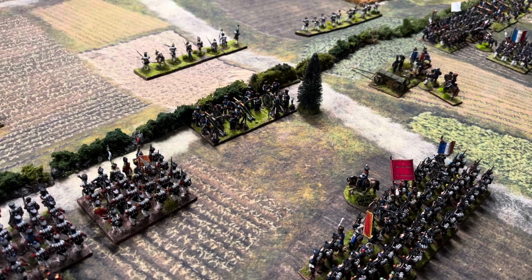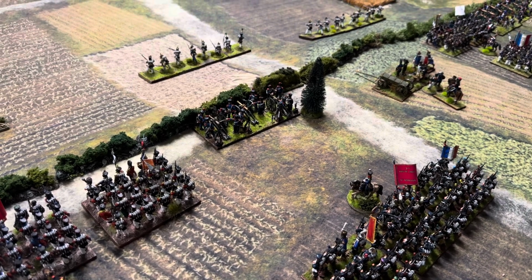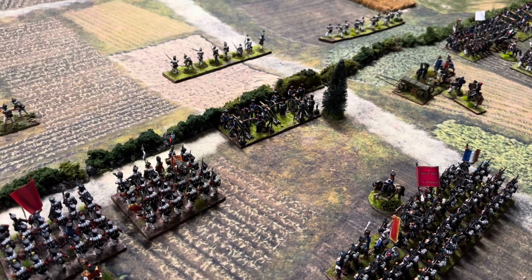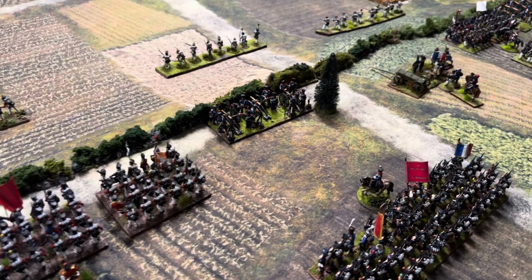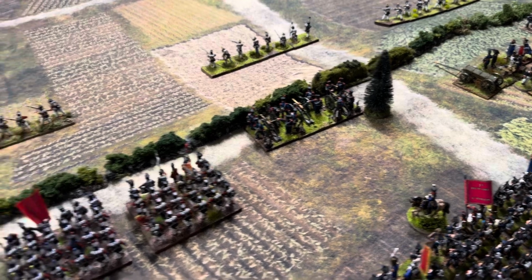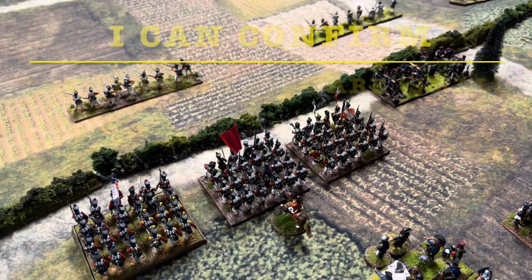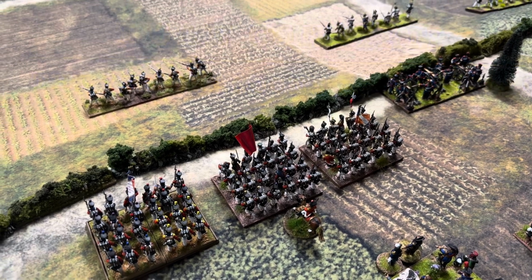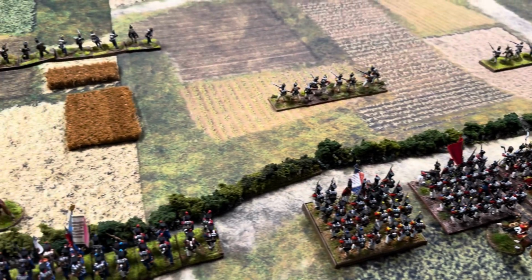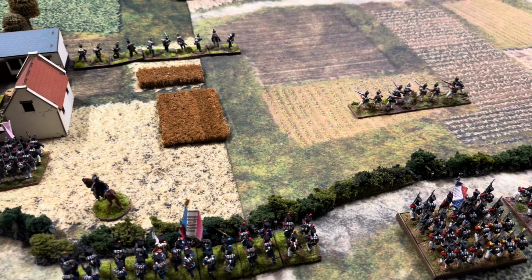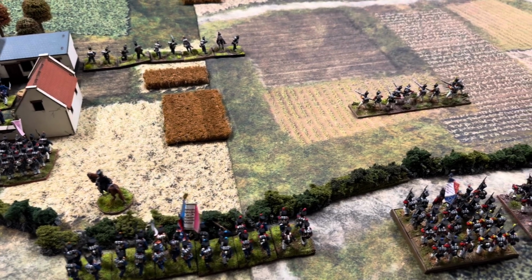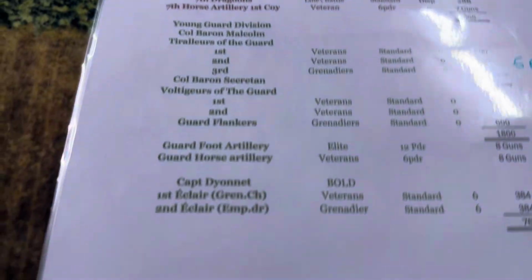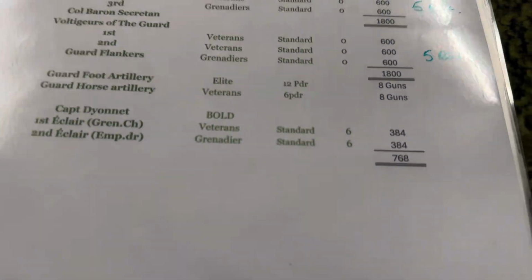The 2nd Dragoons are classed as veterans and battle cavalry. The 7th Dragoons might be small. I'll have to check on that. They only have 288 men. That might mean that they are classed as a small cavalry regiment. And then they have the 7th Horse Artillery attached to them. They're a veteran horse artillery battery. And as for the Guard, the 1st Eclairs and the 2nd Eclairs are both off table at the moment.